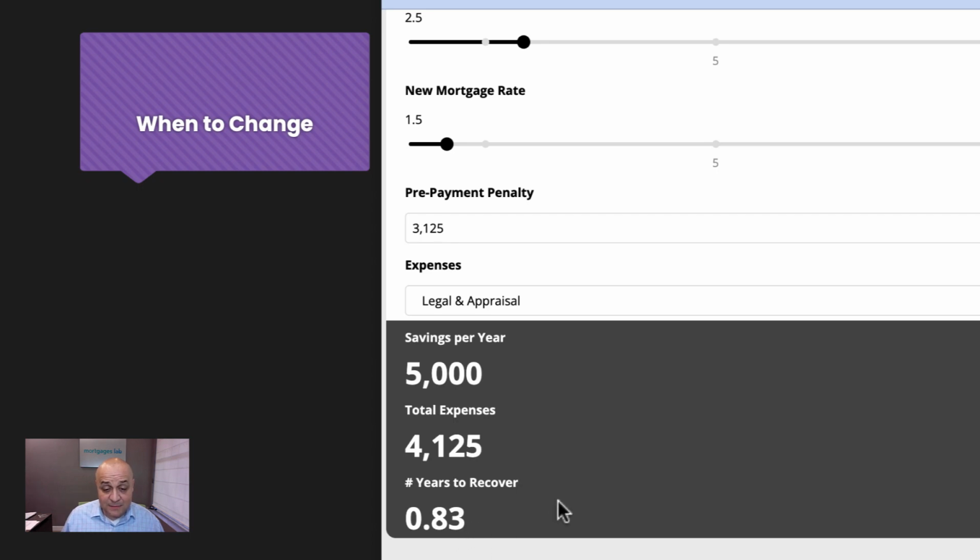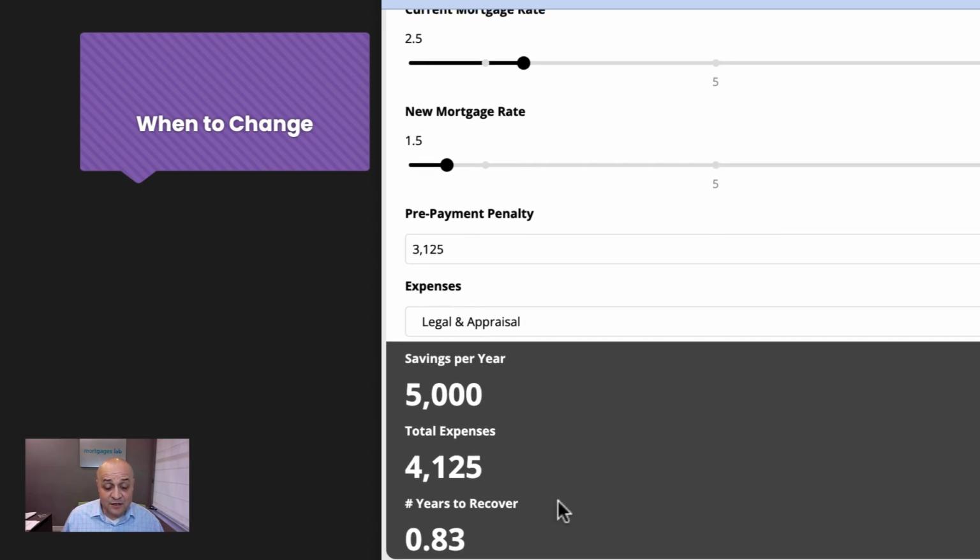So it takes less than a year to recover this cost. I would take this deal because you're recovering the cost super fast, and from there on, it's all savings to you at a rate of $5,000 a year.